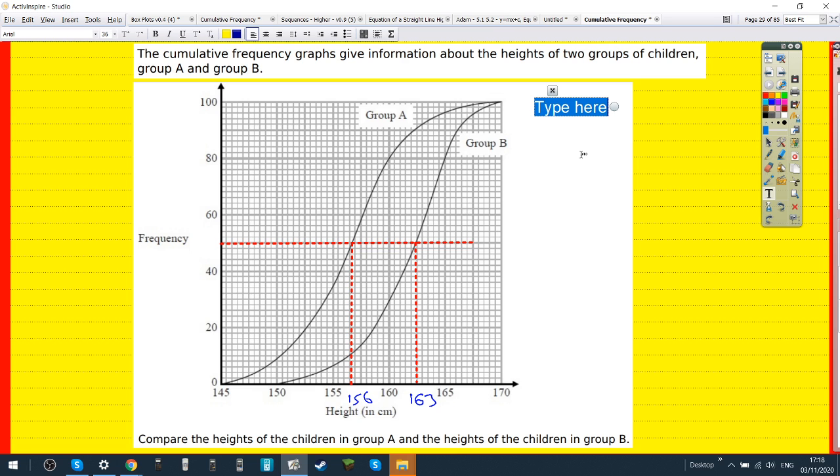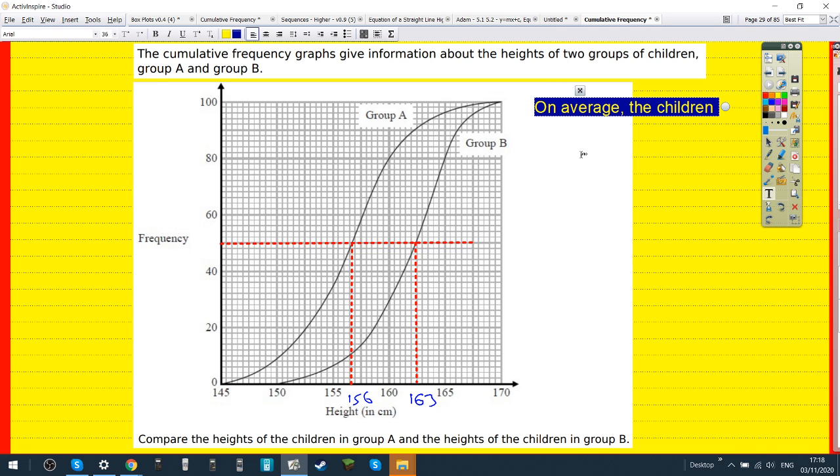And so use that to compare the heights of two groups of children. So group B is taller than group A. Yeah, so on average, the children in group B are taller.